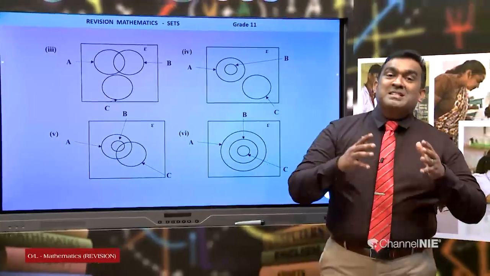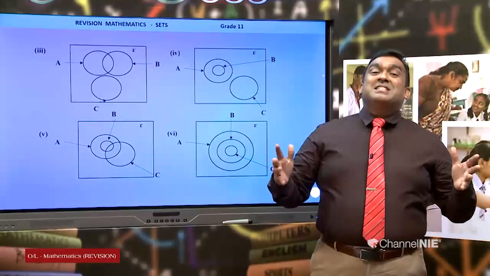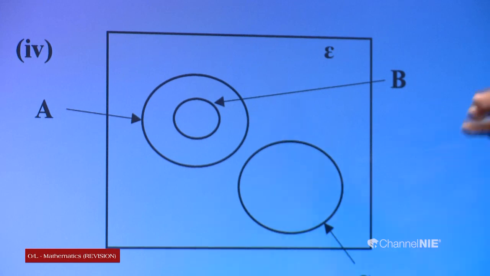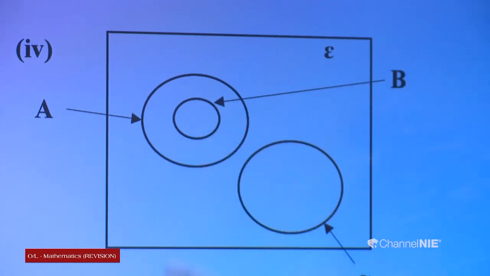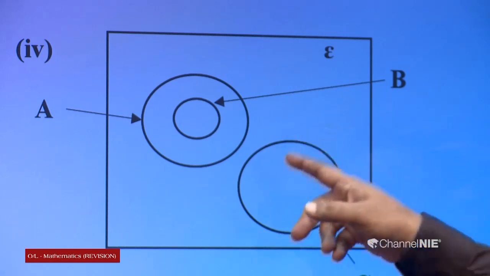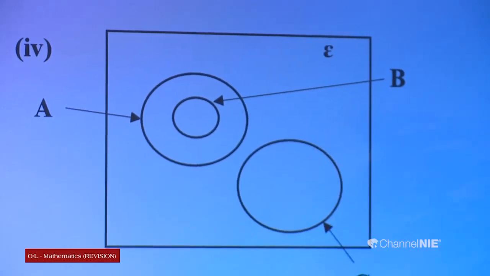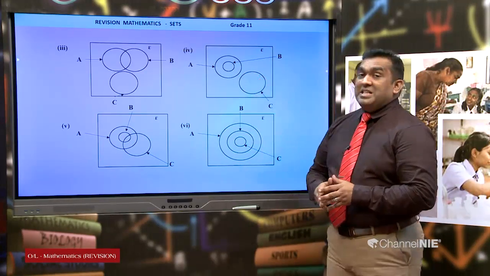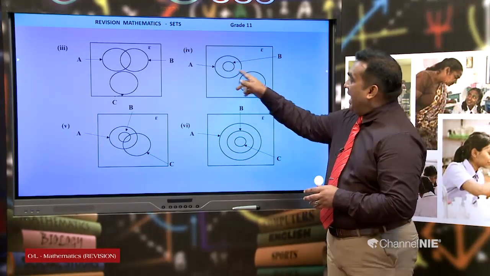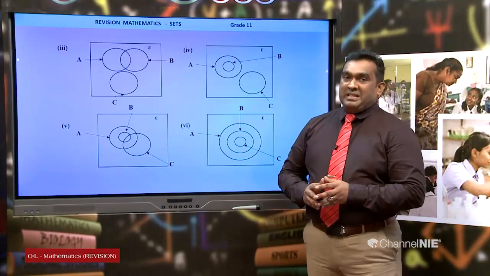Now, you can see B is in A. All the elements in set B belong to set A. That is why B is a subset of A. Here, C is an isolated one. Sets B and C are disjoint. A and C are also disjoint sets.